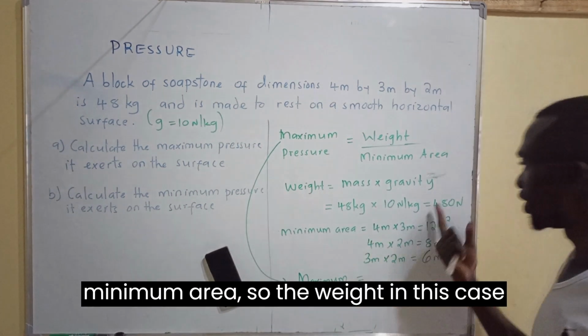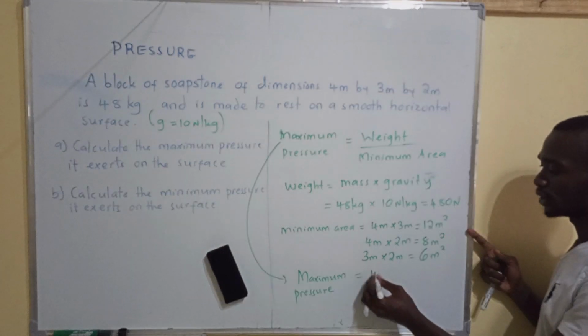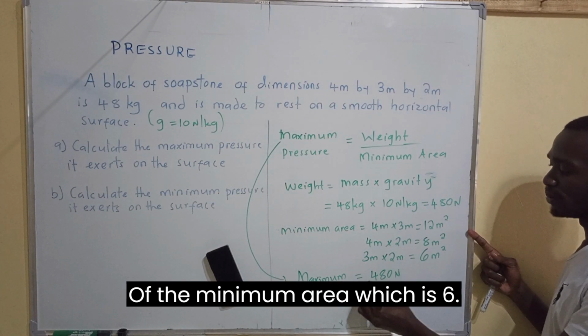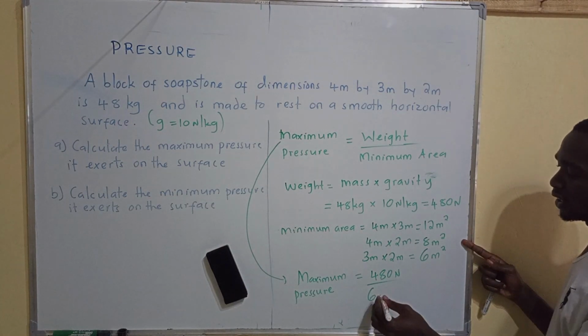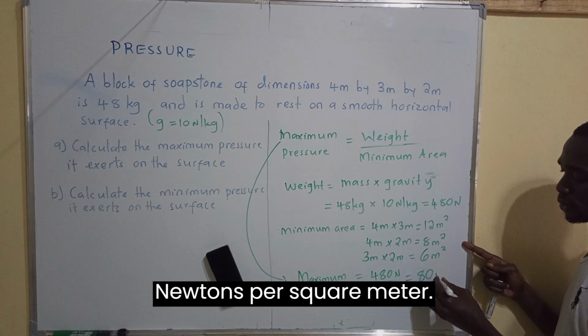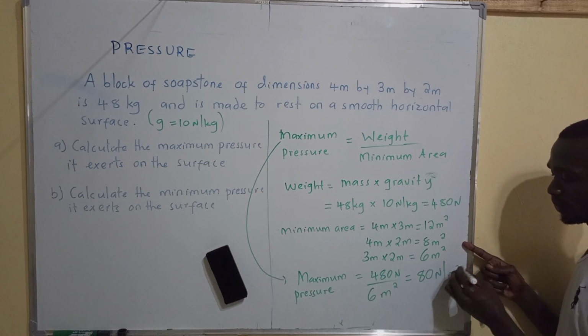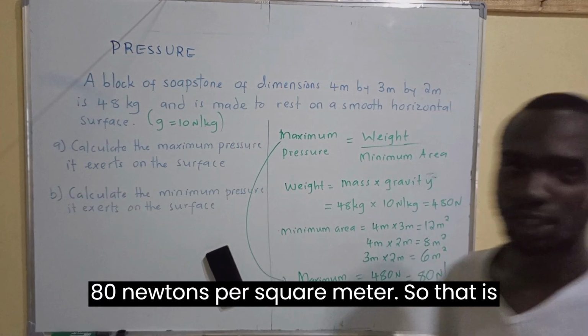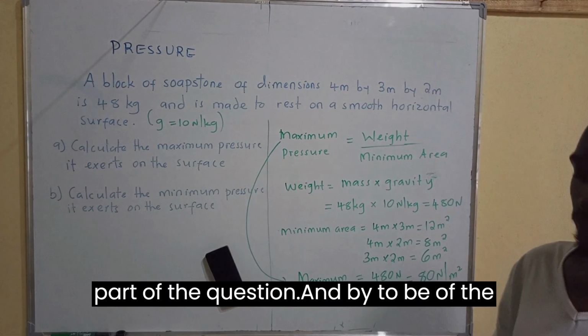So the weight in this case is 480 newtons over the minimum area, which is 6 square meters. So the answer is 80 newtons per square meter. So that is part A of the question.